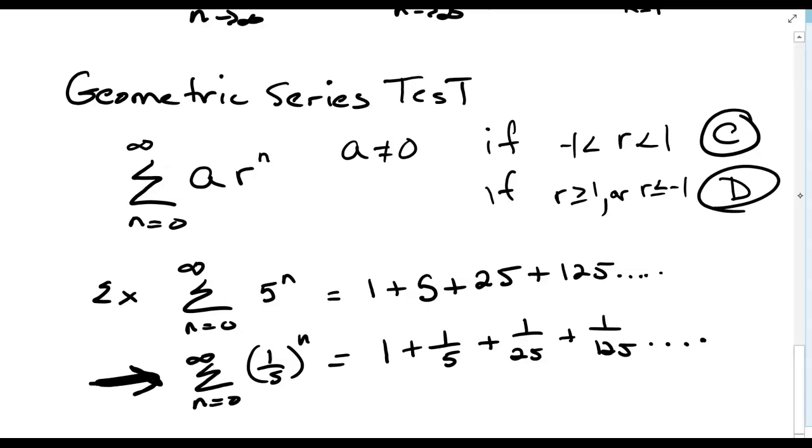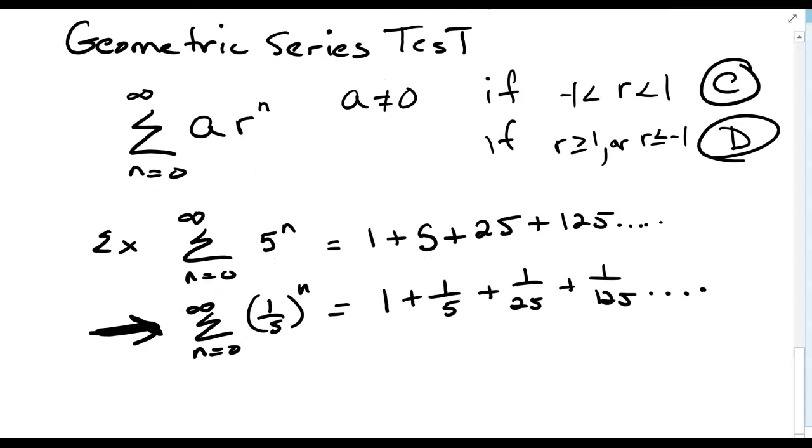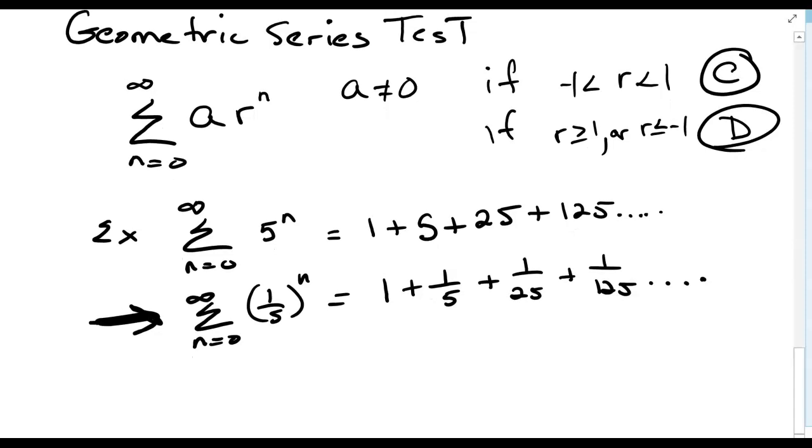And you can see that with these two particular problems. So that's the first thing to keep in mind as you're going through these geometric series, whether r is between -1 and 1 or outside of that. It's going to make a big difference.